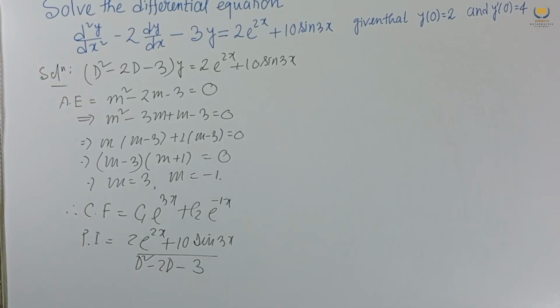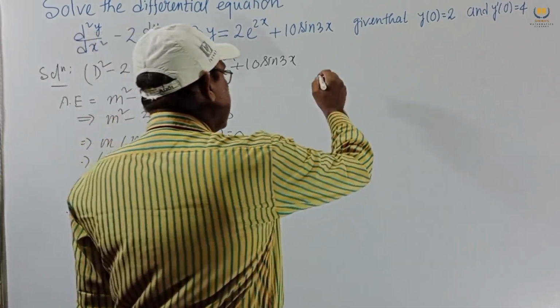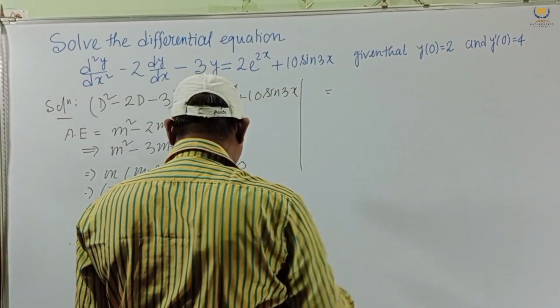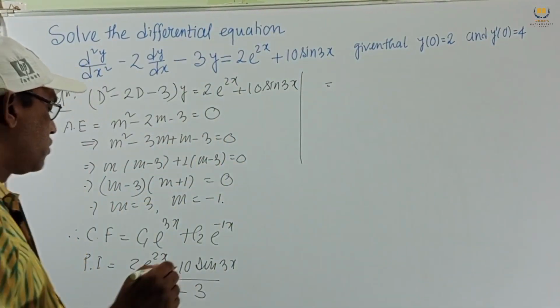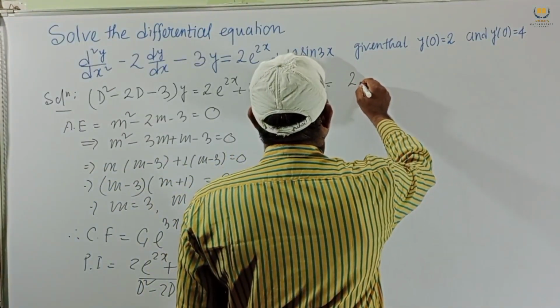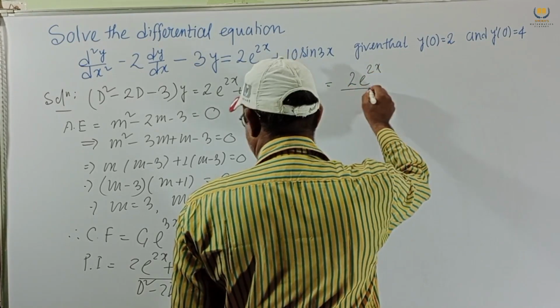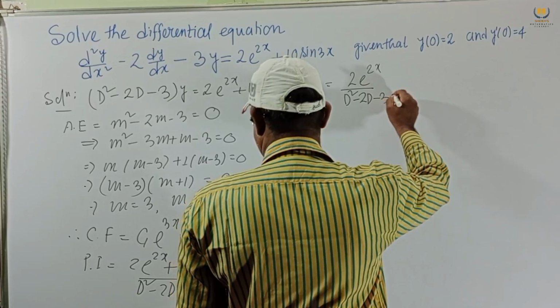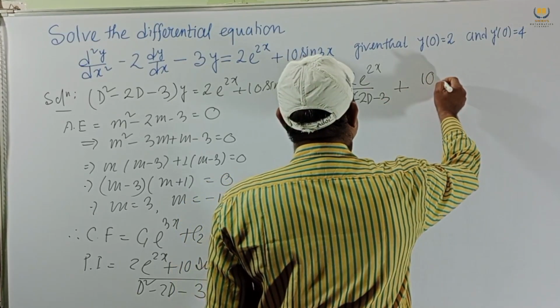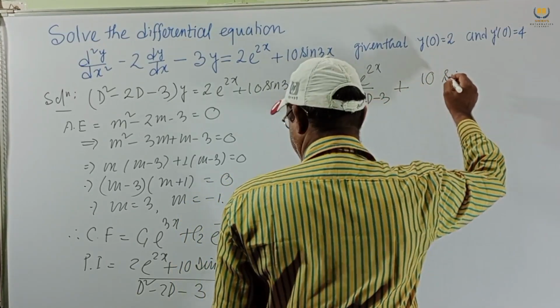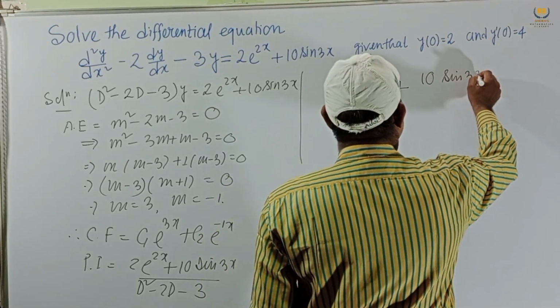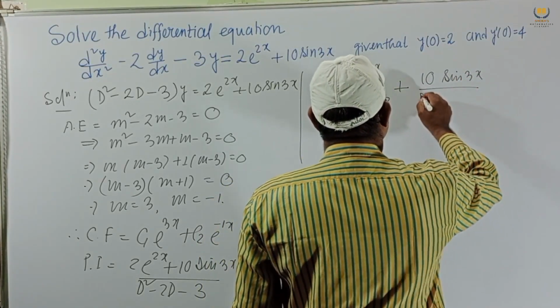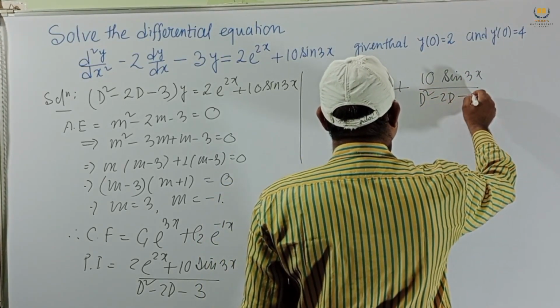We get this. Now we separate this: 2 e to the power 2x by D squared minus 2D minus 3, plus 10 sin 3x by D squared minus 2D minus 3.